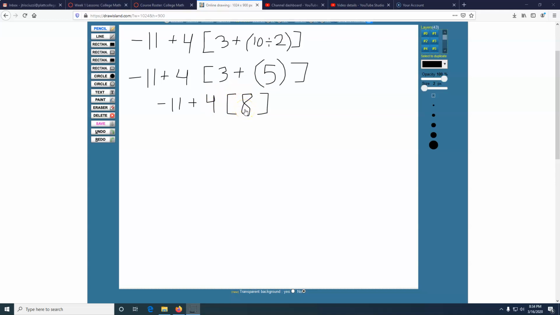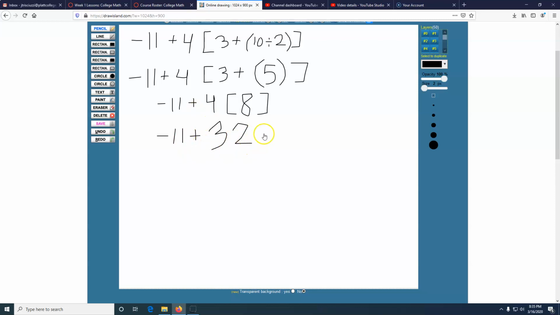So because we're multiplying, dividing, we're going to go ahead and do that. 4 times 8 gives us 32. Again, you cannot add the negative 11 with the 4. That would lead to a major issue. 4 times 8 happens first, and then we go ahead, bring down our last value here.